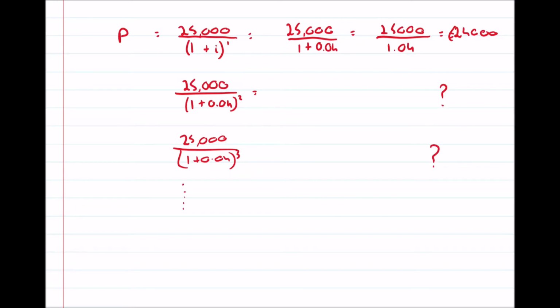And we could do it all the way down until we get to the 20th year, and add up all these 20 amounts of money. Okay, we could do that. However, there is an easy way.